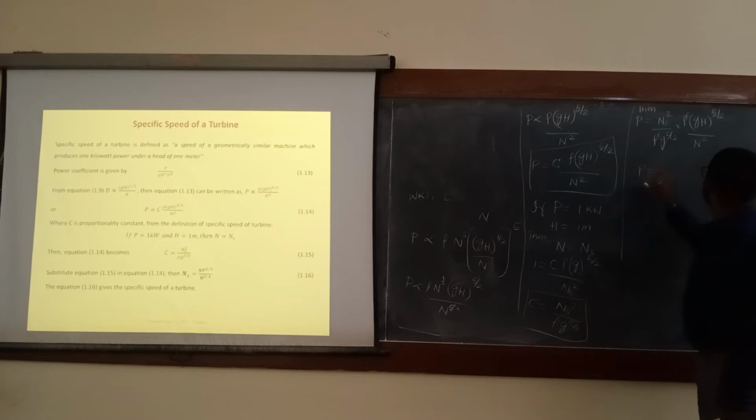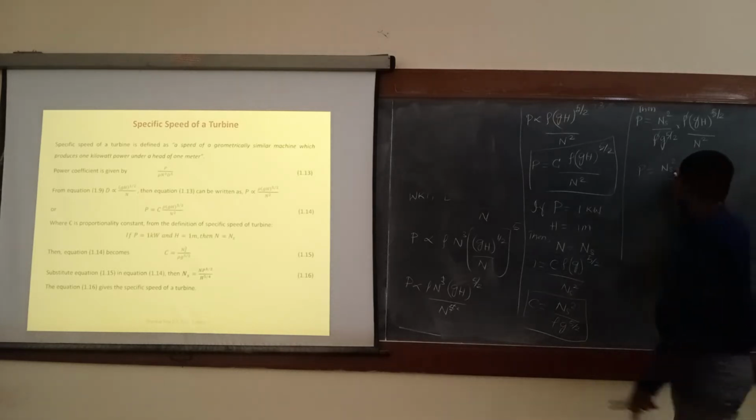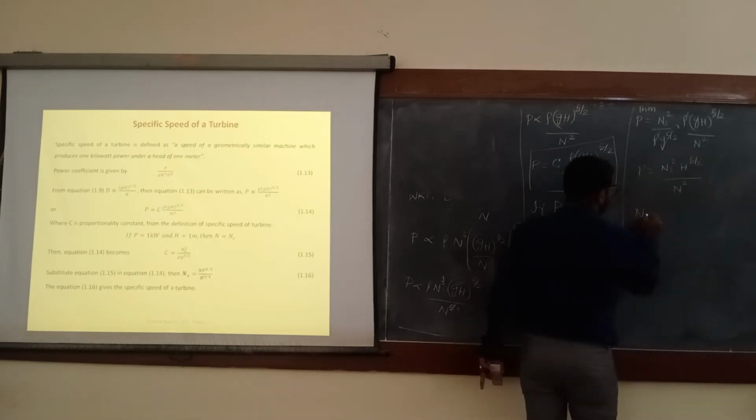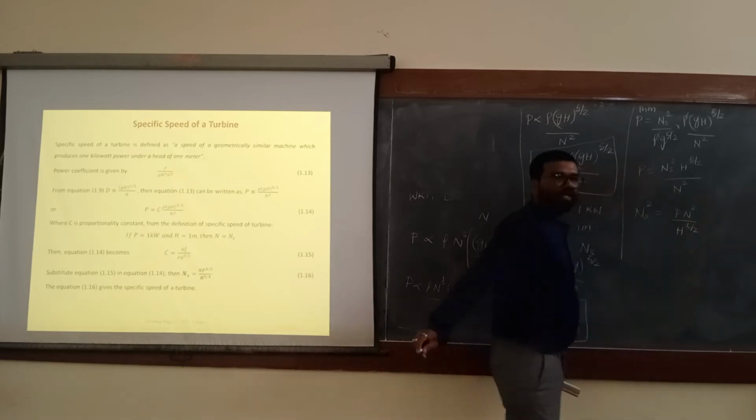So P equals ns square H to the power of 5 by 2 divided by n square. In terms of specific speed, ns square is equal to P n square divided by H to the power of 5 by 2.